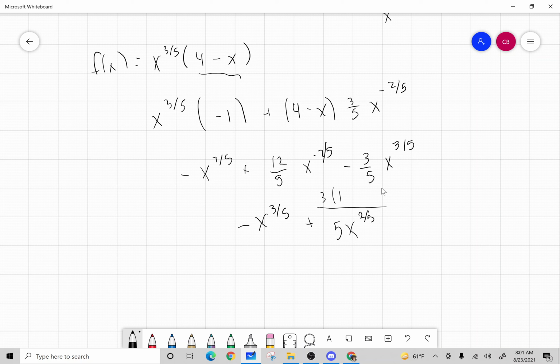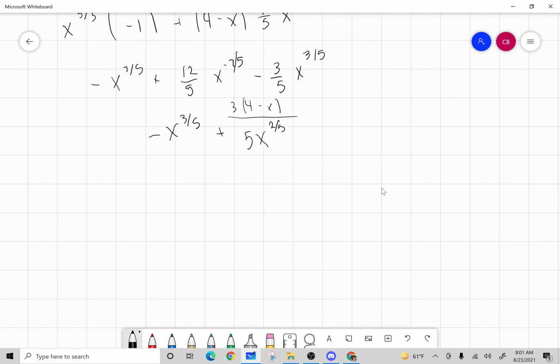Okay, and so then from here, we can get a common denominator. So we need to have 5x to the 2/5 on the bottom. And then we multiply negative x to the 3/5 by 5x to the 2/5, plus 3 times 4 minus x.